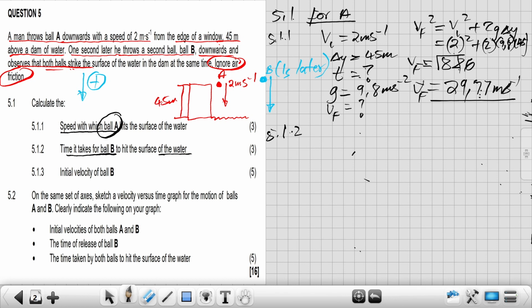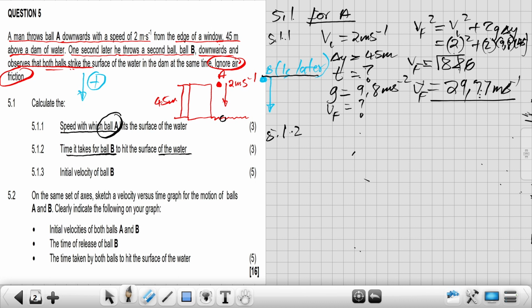Yes, I can. Remember, we did say that we have a common information between A and B. In this case, it's the time between the two. So if I'm able to calculate the time taken by ball A to reach the surface of the water, I can easily subtract 1 from that time. Then I will be able to get the time taken by B.